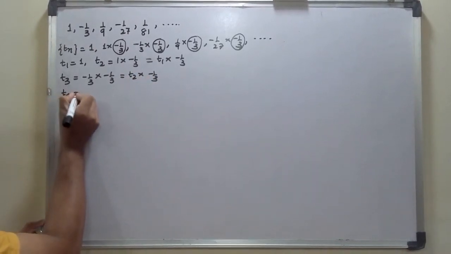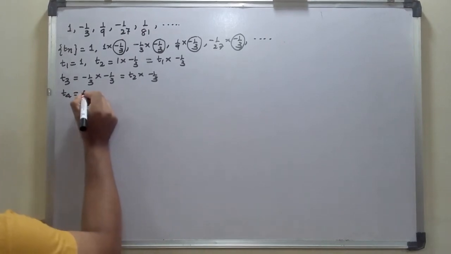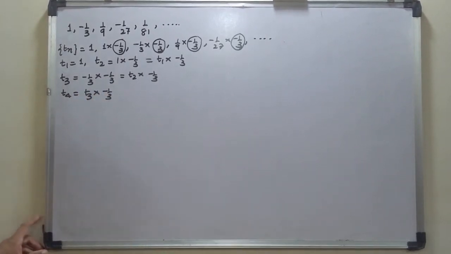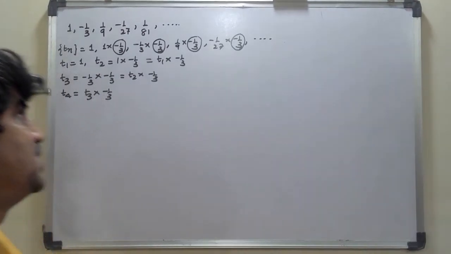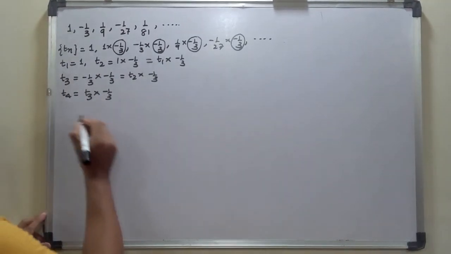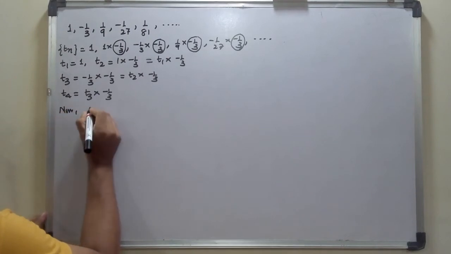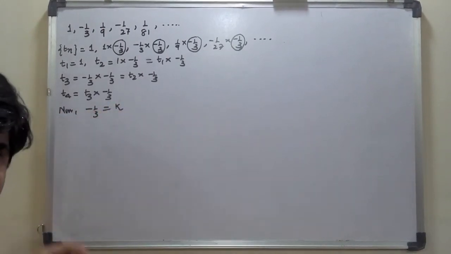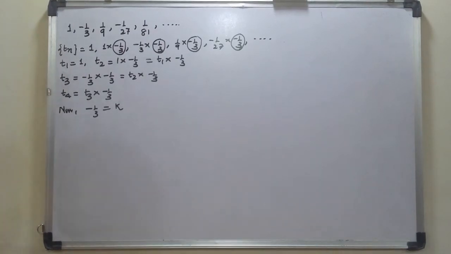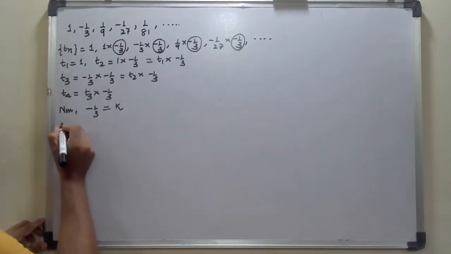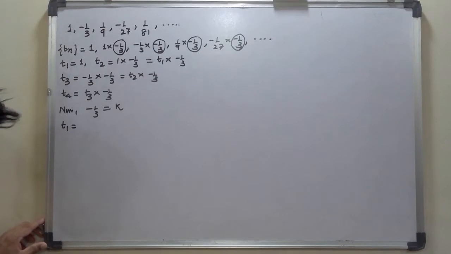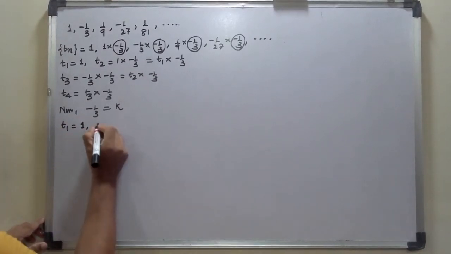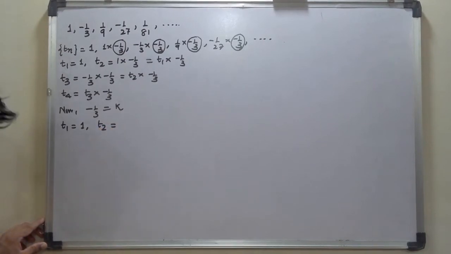And term 4 obviously you got as term 3 into minus 1 by 3. Means now if I consider minus 1 by 3 equal to k, just for example, so T1 is fixed, whatever it is, 1, okay. What is T2?